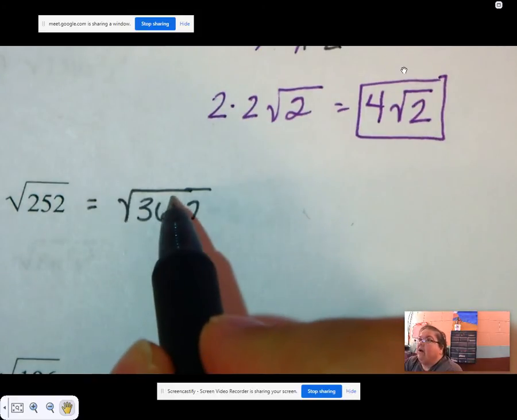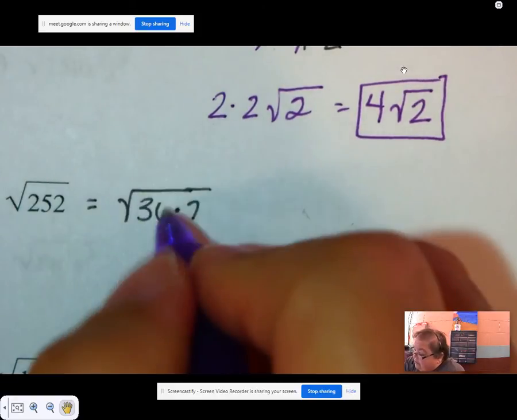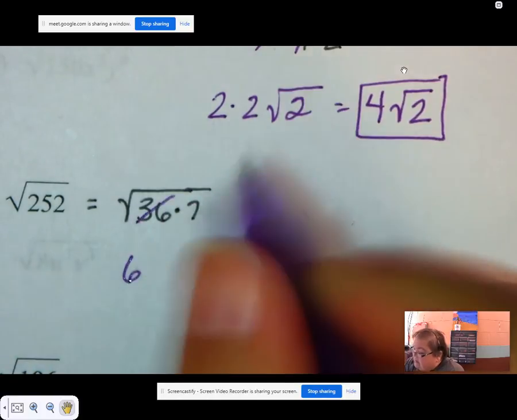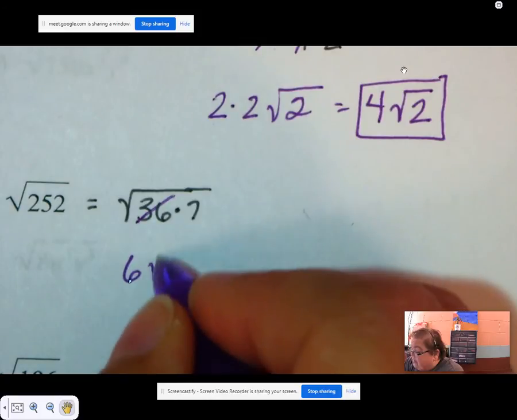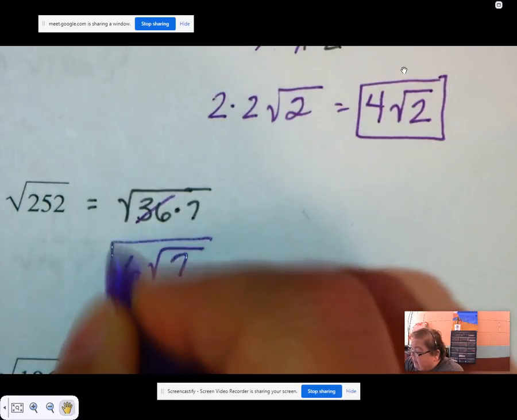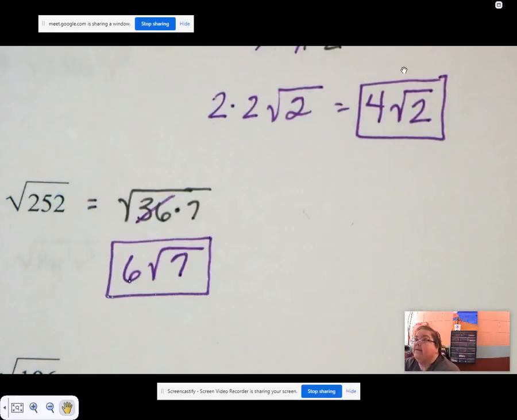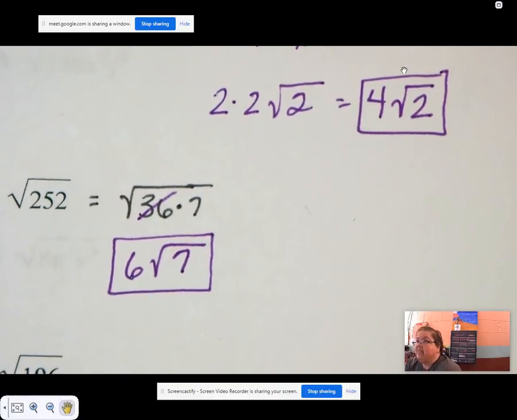Now, I know the root of 36 is 6. 7 is not perfect, and it doesn't have a perfect in it, so it stays inside. And that's how we simplify these radicals. But that's why knowing what they are makes it faster for you.